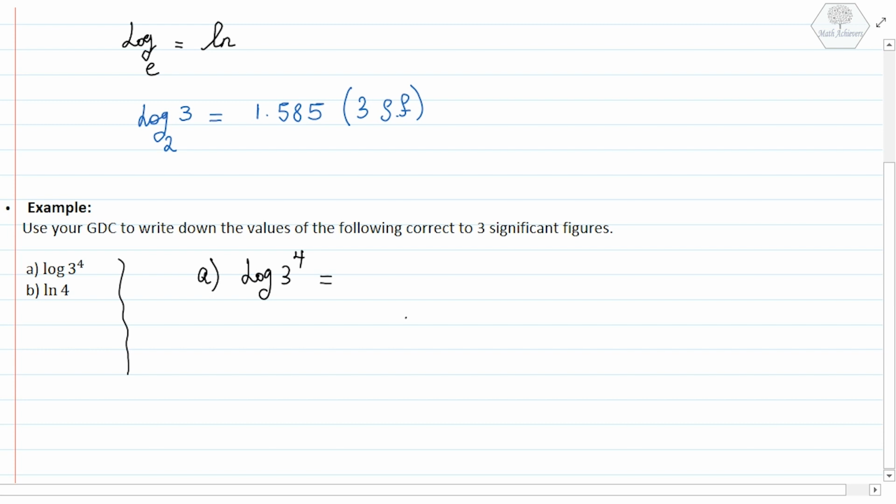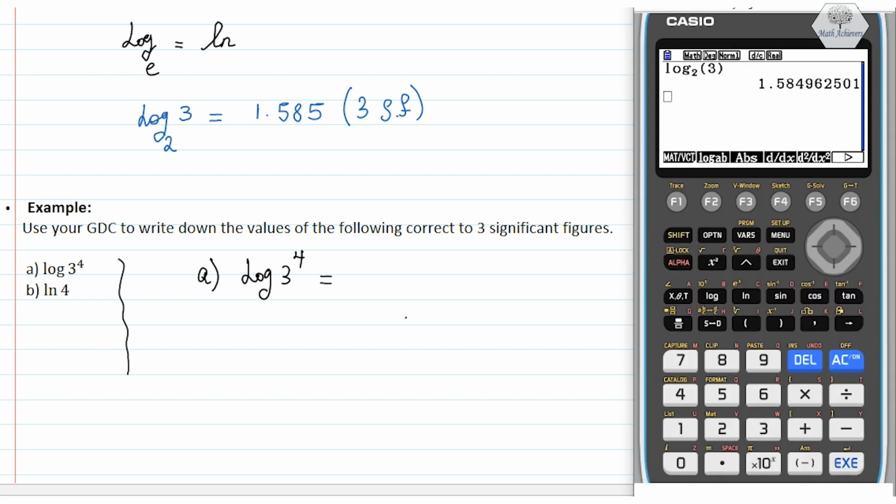This is equal to, we go to our graphical display calculator. No, we don't need in this case the log AB, so we delete it. We go to log, because the base is already the default base which is 10. We go to log and 3 to the power of 4.